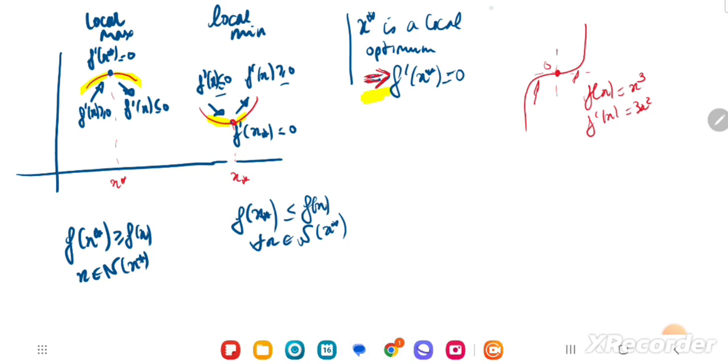So a necessary condition for an optimal value is that the first derivative cancels. That's a critical point, what is called a stationary point or a critical point.